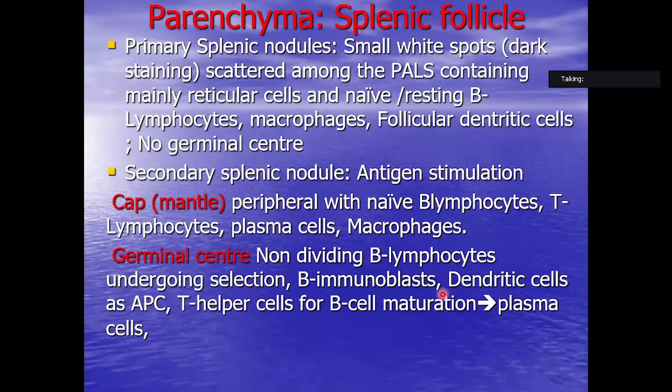These B immunoblasts will have been activated from the B lymphocytes which are resting by the dendritic cells that are acting as antigen-presenting cells. But also the T helper cells are very important in the maturation of the B lymphocytes to form the plasma cells. Plasma cells are those that are producing antibodies. So we need to know that it is not the naive B lymphocytes that are producing antibodies, but it is the plasma cells that are producing antibodies.